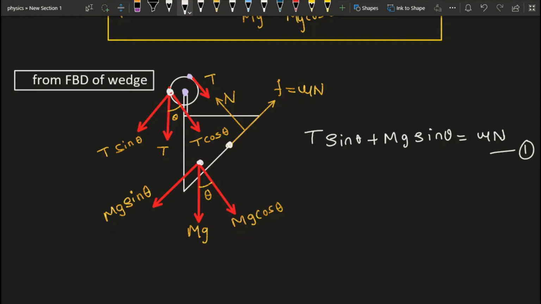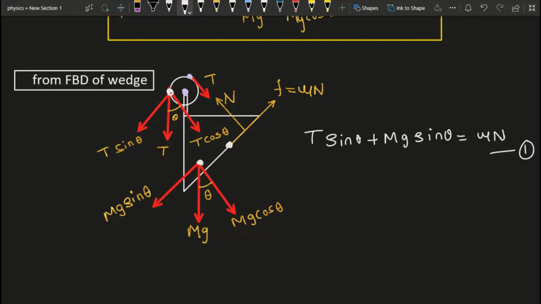Now see the next one. We are going to concentrate on the vertical forces. How many forces are acting normal to the incline? See, mg cos theta is the force which is acting down, and t cos theta is another force which is acting down, and t is also another force which is supporting this t cos theta. So 3 forces are finally acting perpendicular to the incline in the downward direction.